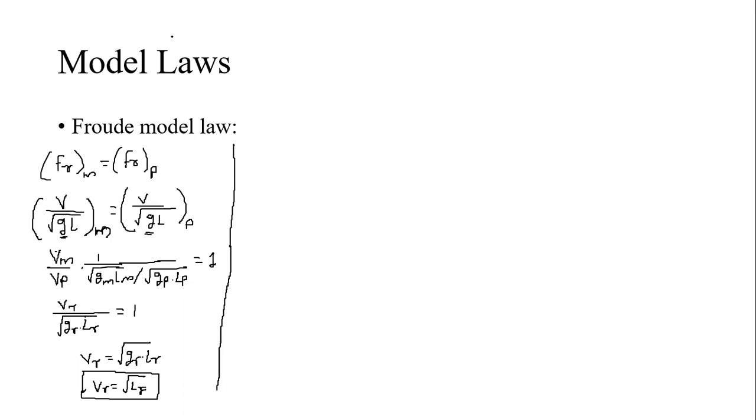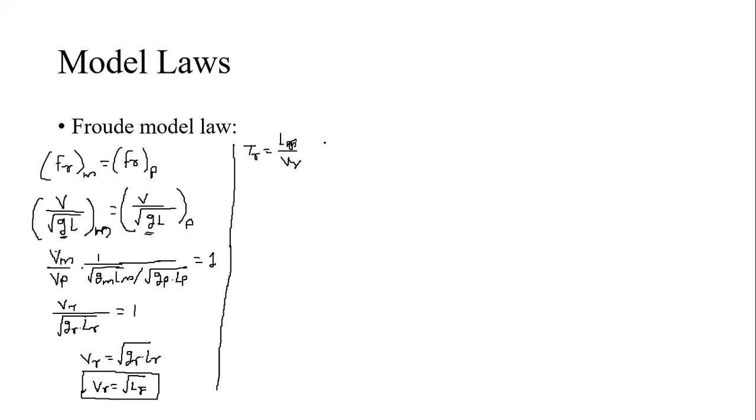So the first one I have to go for is the time scale ratio. The time scale ratio Tr is equal to Lr by Vr, from the velocity I am writing here.